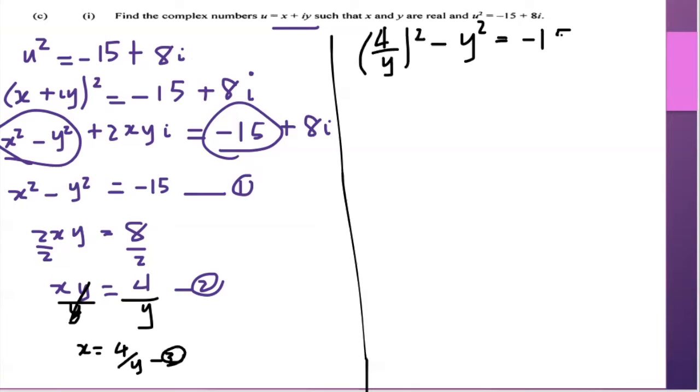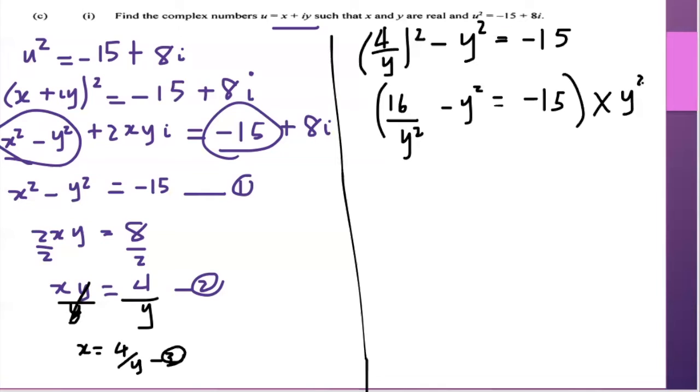Now to continue, I square the numerator and denominator, so I have 16 over y squared minus y squared equal negative 15. I need to get rid of the y squared in the denominator, so I'm going to multiply both sides by y squared. The y squared cancels here, so I'm just left with 16. And then y squared times minus y squared is minus y to the 4.